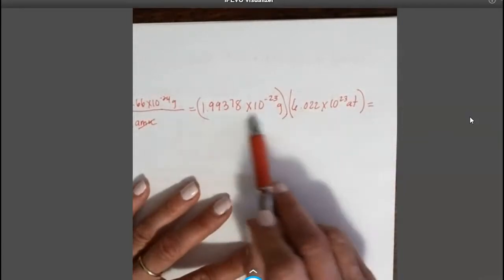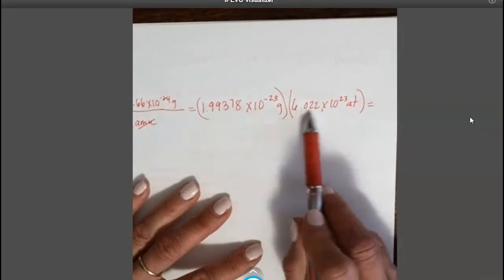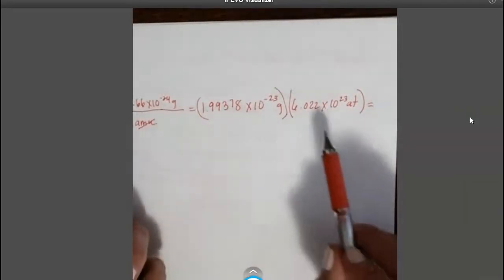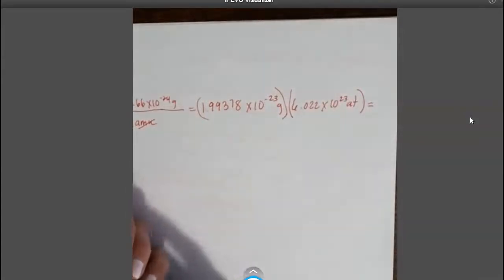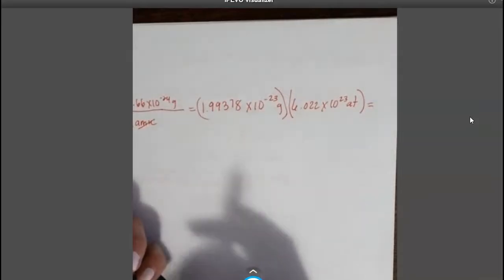If every single carbon atom has this mass, and I have this many atoms, we can figure out the mass in grams of this big bunch of atoms. So 1.99378 times 10 to the negative 23rd times 6.022 times 10 to the 23rd.